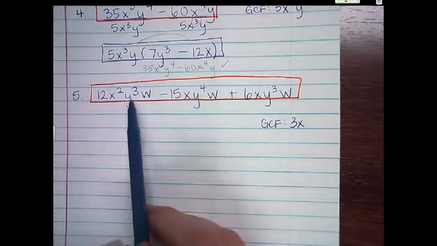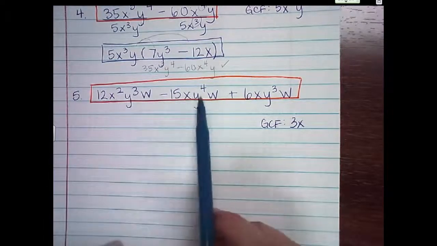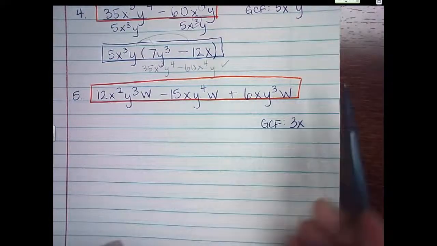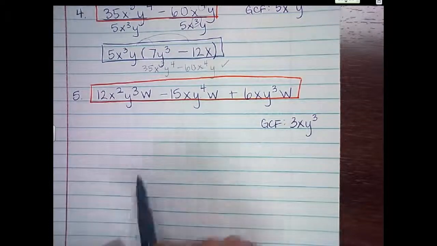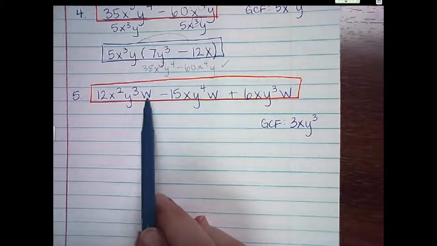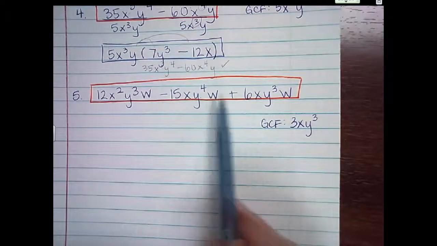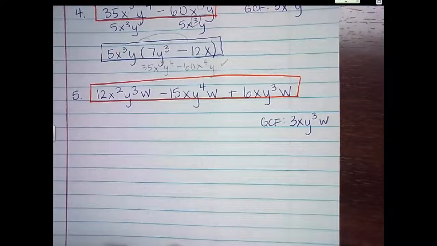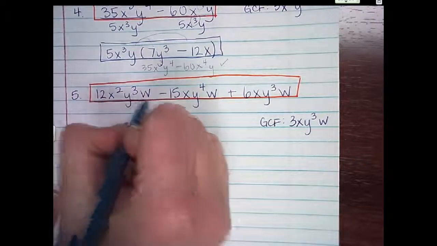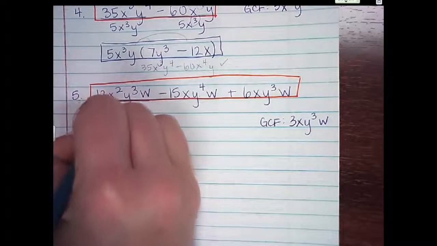Look at my y's. 3 y's, 4 y's, 3 y's. I take out the smallest number of y's. Look at my w's. 1 w, 1 w, 1 w. I'm going to take out 1 w. Okay, let's divide each one by the GCF.